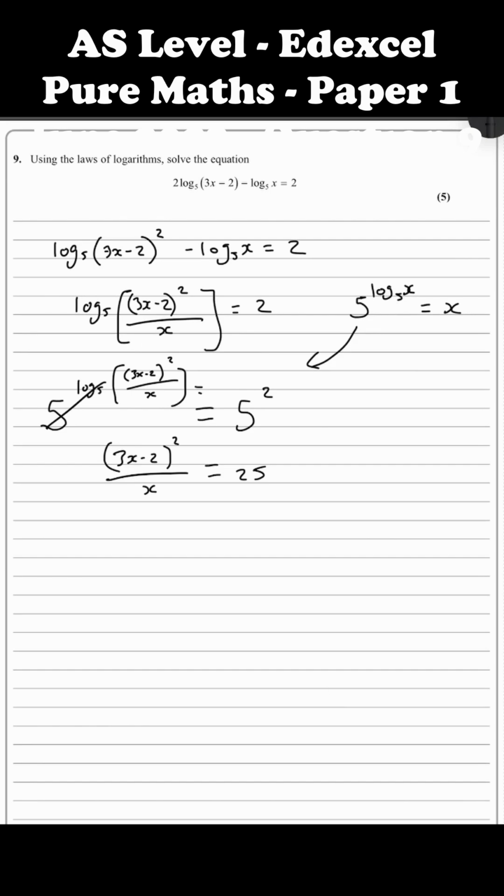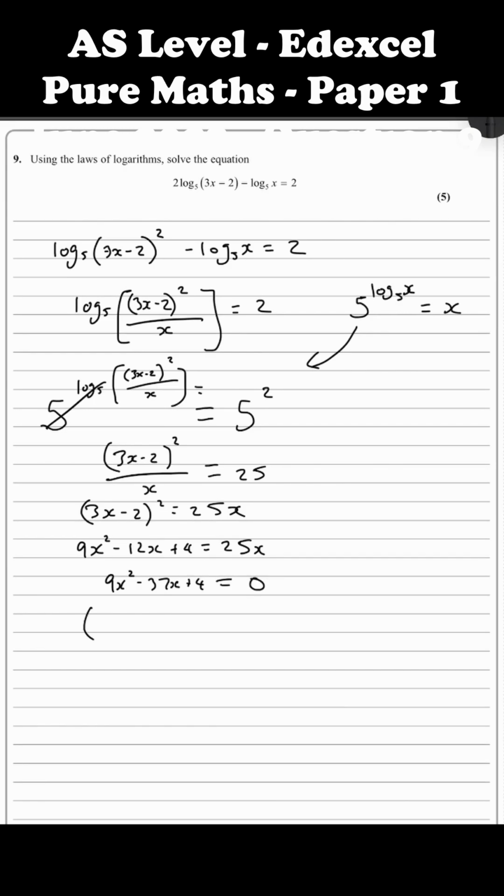Multiply through by x, and we get (3x minus 2) squared equals 25x. Expand out the brackets, and we get 9x squared minus 12x plus 4 equals 25x. Take the 25x onto the other side, we get 9x squared minus 37x plus 4 equals 0.